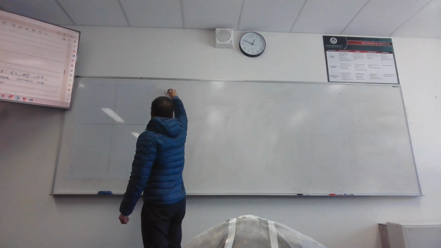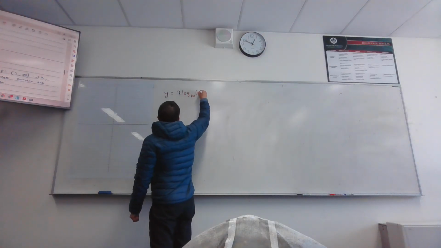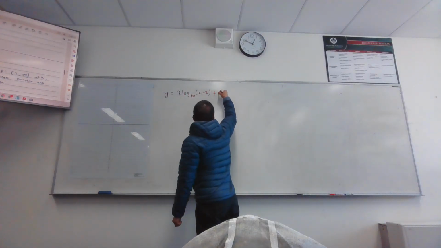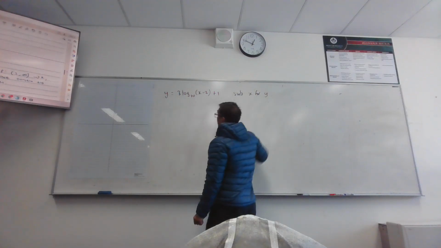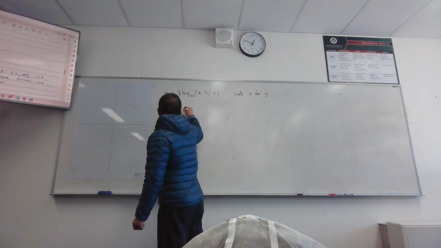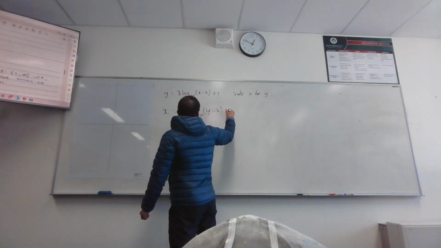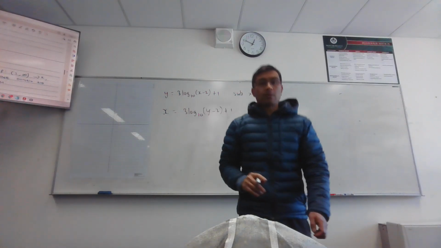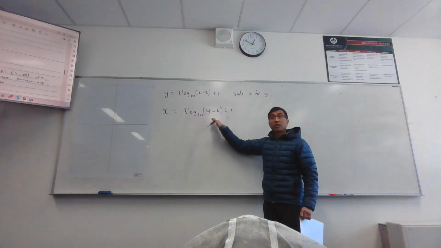So, step 1. Swap x and y for the inverse. Say, what's the first thing that I undo if I want to get to y?